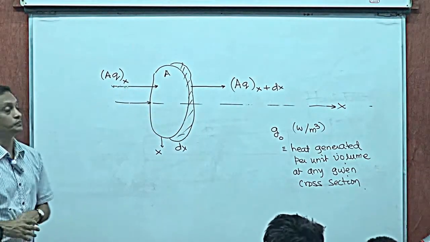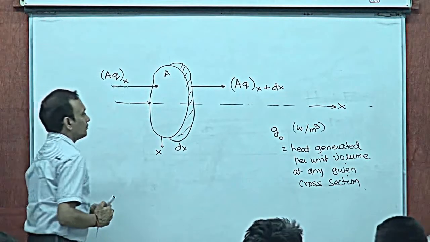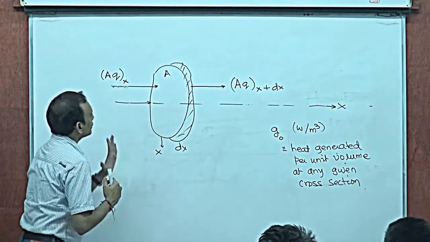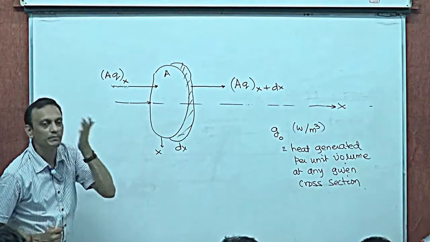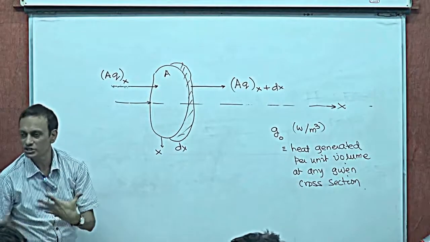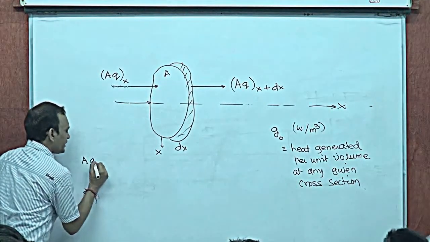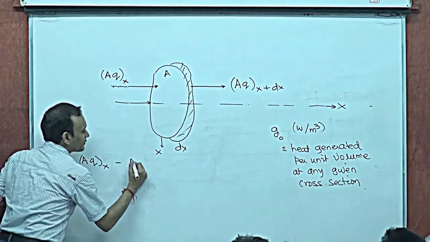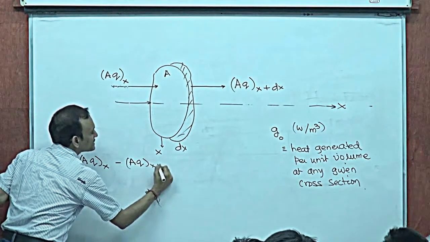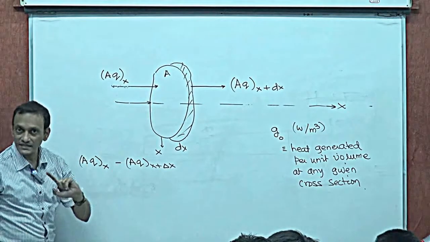Now, let me write down the energy balance for this cross section. Heat entering is AQ at x. Heat leaving is AQ at x plus delta x.